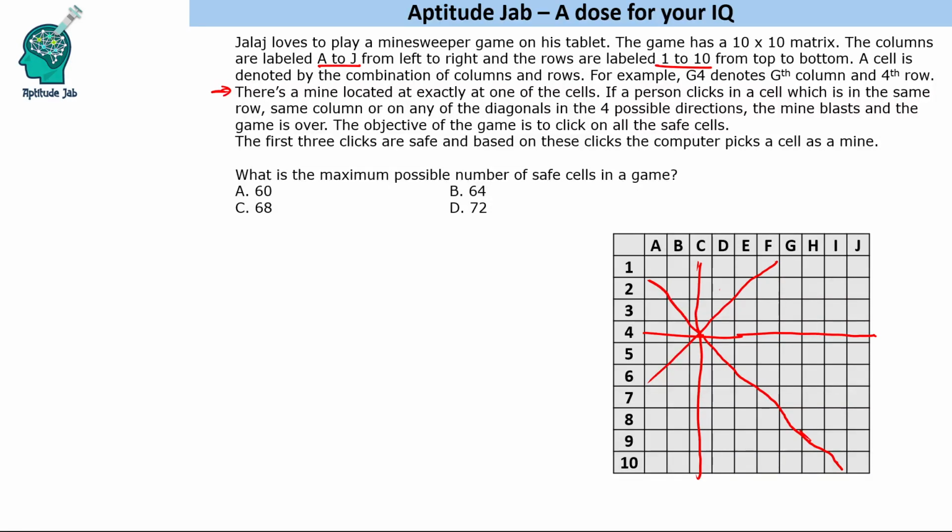All right, now let's see the questions. The first question says, what is the maximum possible number of safe cells in a game? Safe cells are the ones where you will not have a blast. Suppose the mine can be located anywhere. If I put the mine somewhere in the center, fifth and fifth, you see that all these are unsafe cells, and this diagonal will be unsafe.